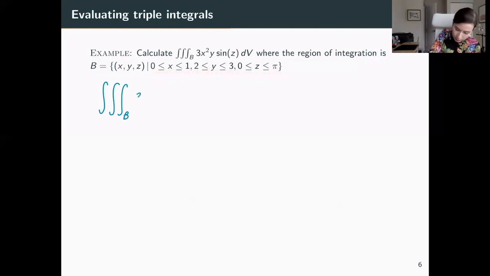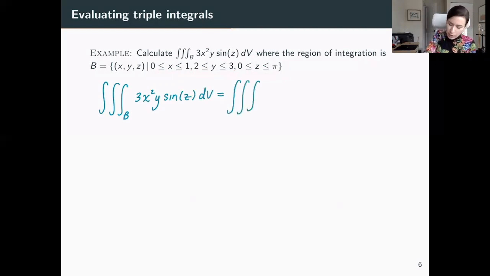So here we'll have 3x squared y sine of z dV. We can set this up in whatever order we want, but there is usually an easier order to start with.